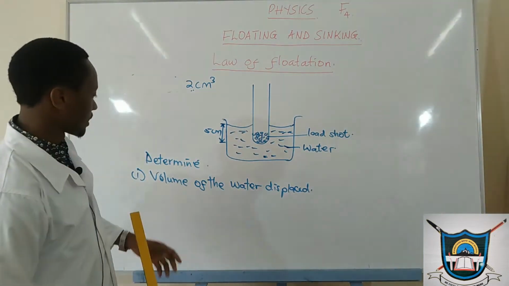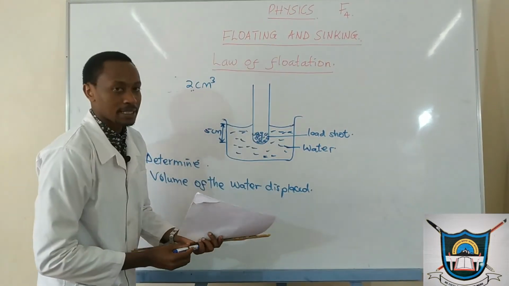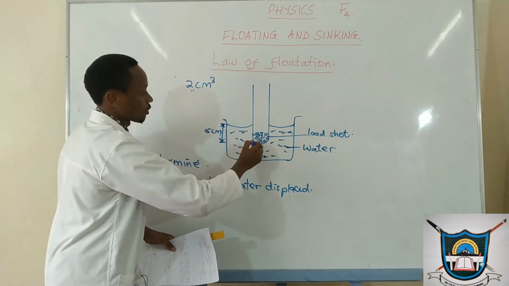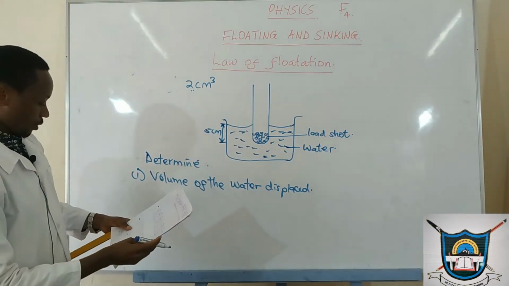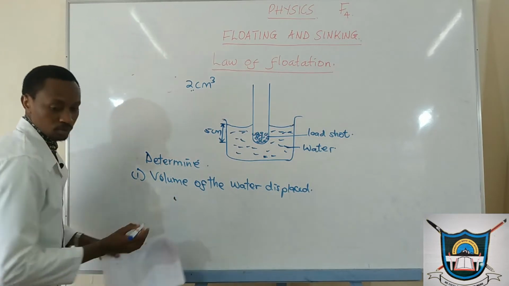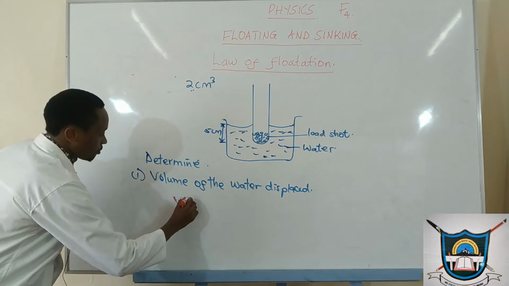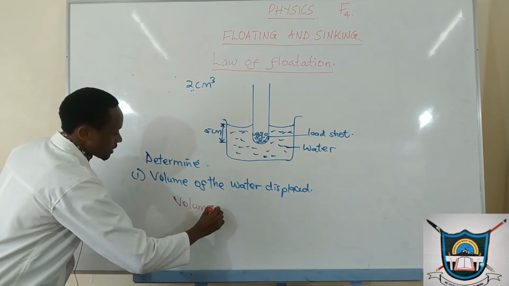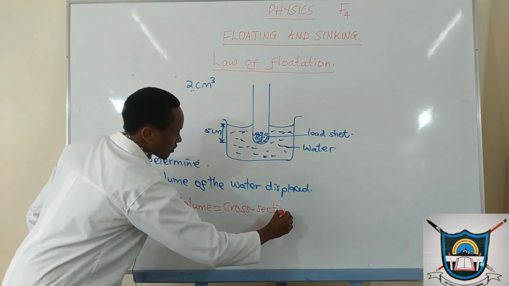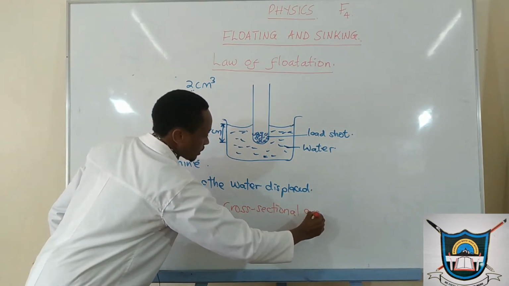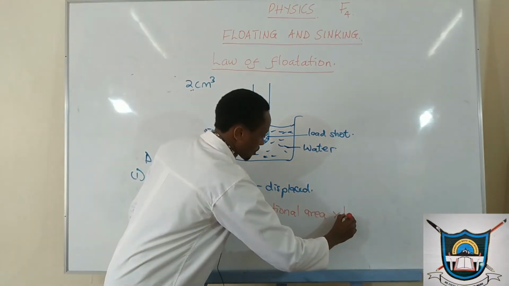So let's calculate the water displaced, which will be equal to the volume of this part which is floating in that water. We know that volume is given by cross-sectional area times height.